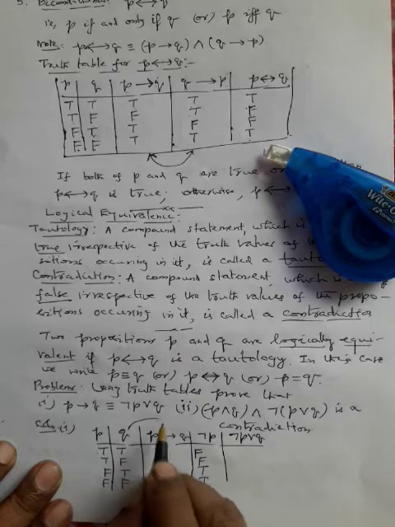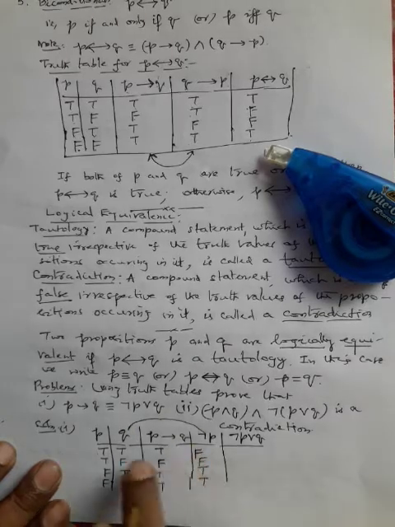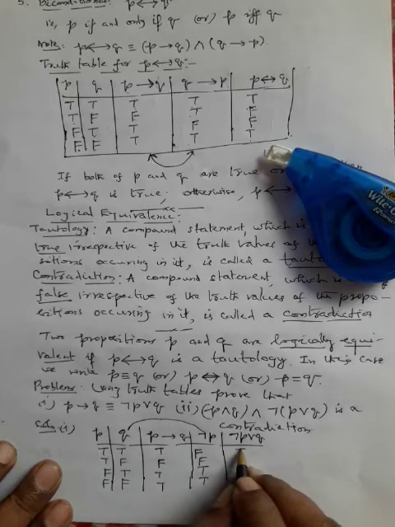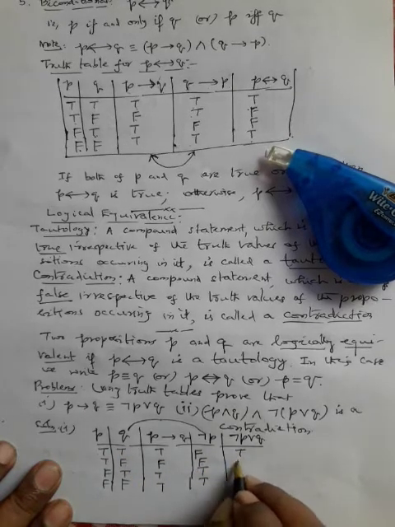For negation P or Q, negation P is here, Q is here, and we take or between them. Or means if one of them is true, it is true; if both are false, it is false.